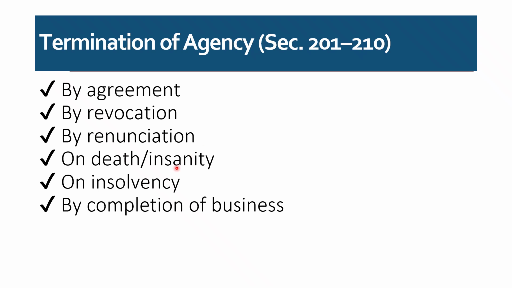By completion of the business: once the task is done, for example, the house is sold, the agency ends. On the death or insanity, death or mental illness of the principal or agent ends the agency automatically. On insolvency of the principal, if the principal declares bankruptcy, the agency ends. So understanding the termination is important because many case studies and exams are based on this topic.